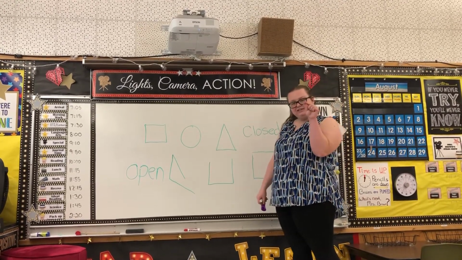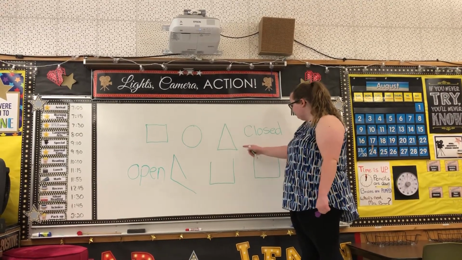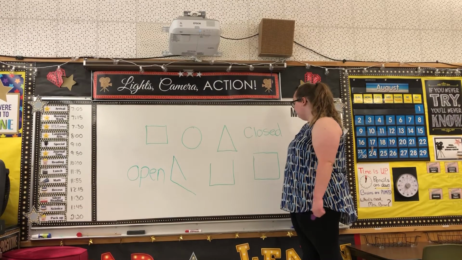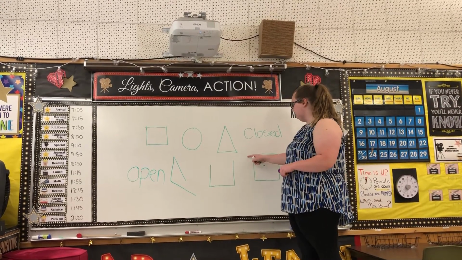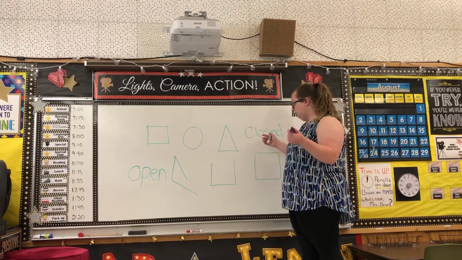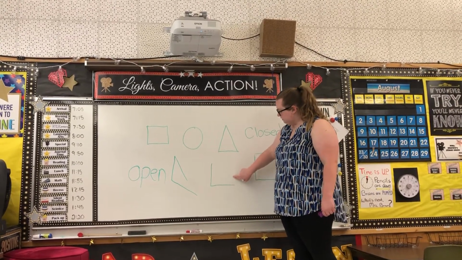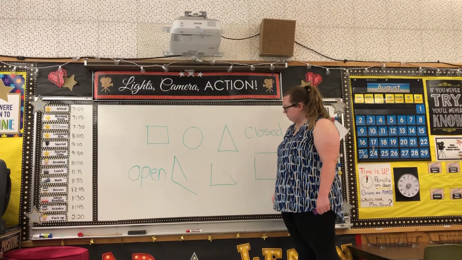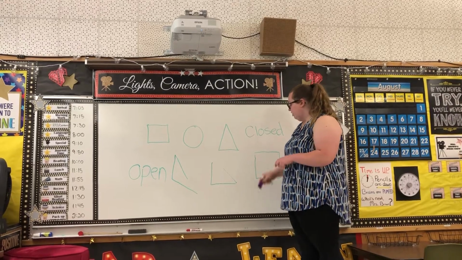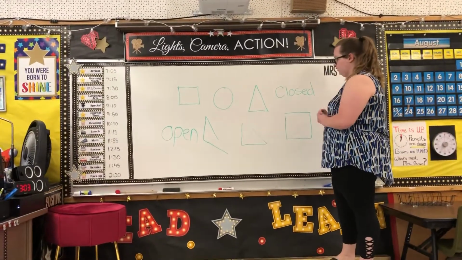Any tiny little space in the walls is going to make an open shape, any type of tiny spot or really big spot like right here. If we had it like this, that's still an open shape, okay? So today we're working on open and closed shapes.